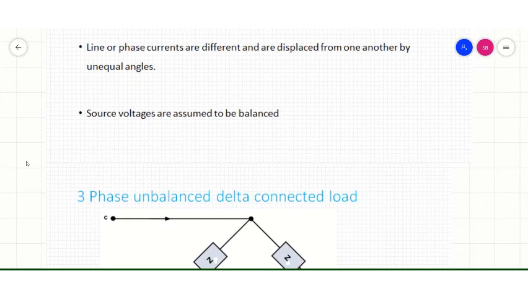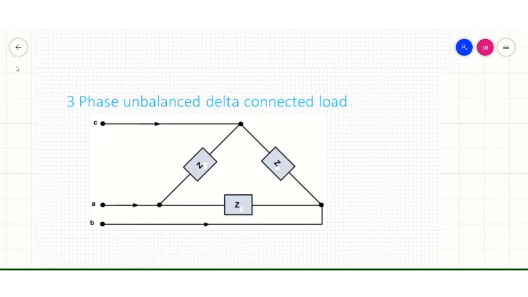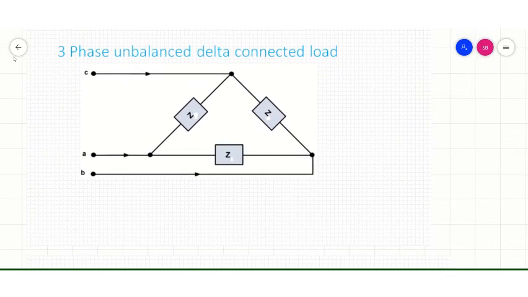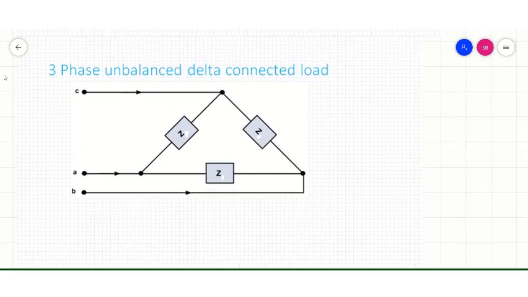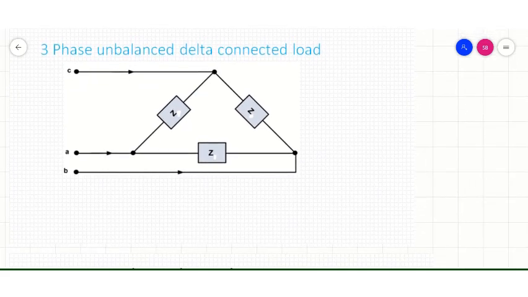Now let's consider a three-phase unbalanced delta connected load. This is an unbalanced load, so the impedances at different phases are different.